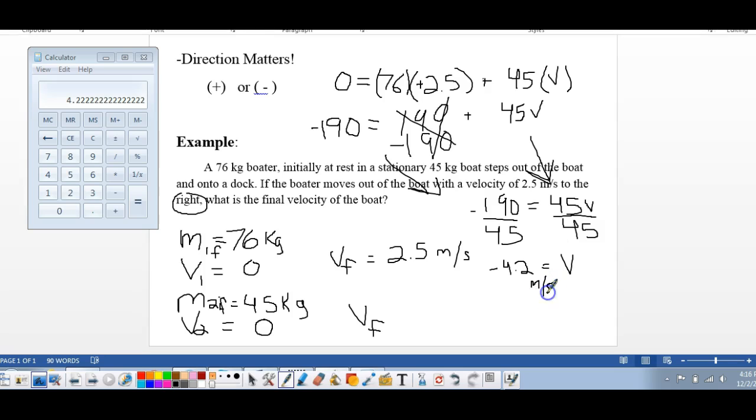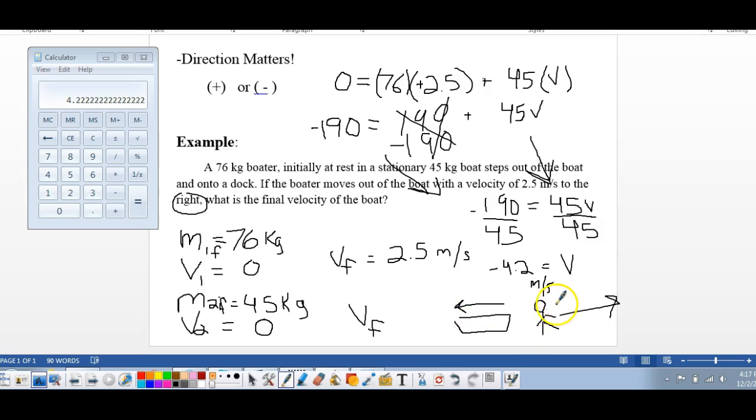And you might say, well, what's the negative? Well, we said that the negative denotes the direction. So the person steps out of the boat to the right. They go this way as the person stepping out. We'll draw a person doing that. And then when he steps off of it, he applies that force, and the boat goes this way.